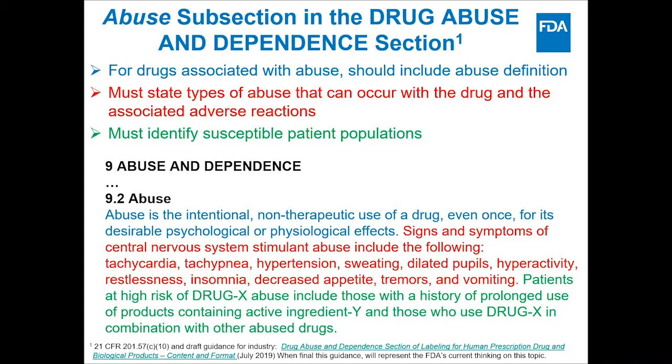That's number one. Number two, we include the abuse associated adverse reactions. That's in red, that follows. And then we must, if known, include the susceptible patient populations. So green, I'm highlighting those who are higher risk for this specific abuse.